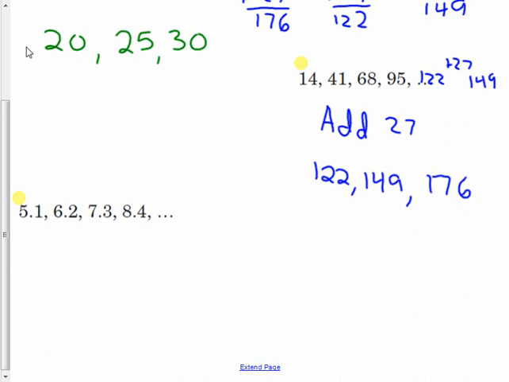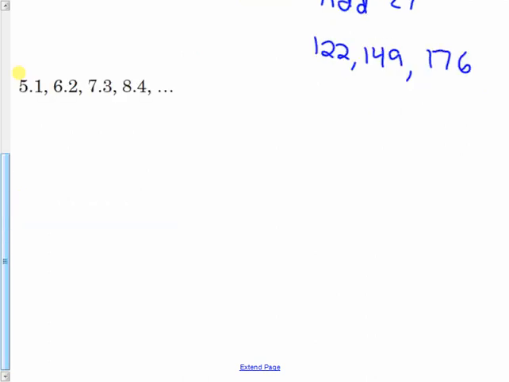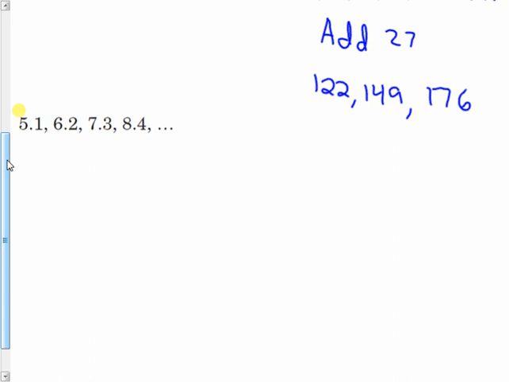Let's look at one last example that has decimals involved. I have 5 and 1/10, 6 and 2/10, 7 and 3/10, 8 and 4/10. It looks like we're adding 1 and 1/10 each time.